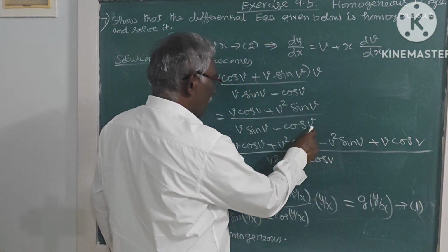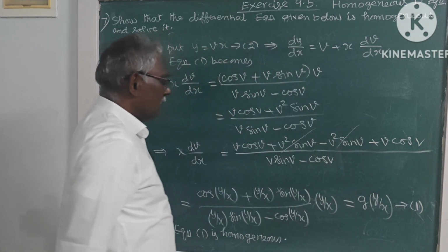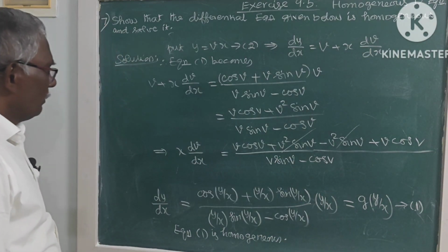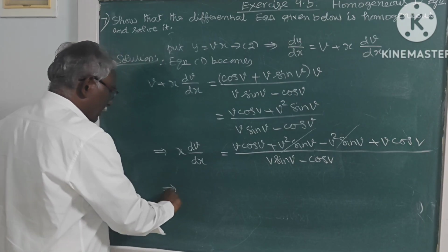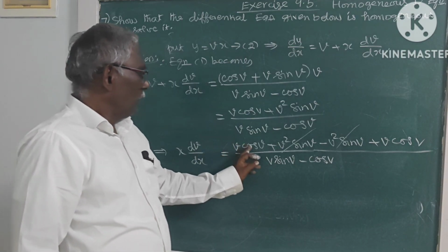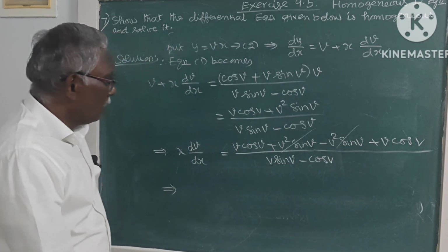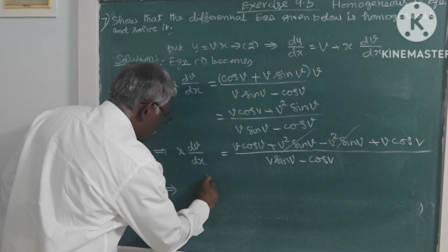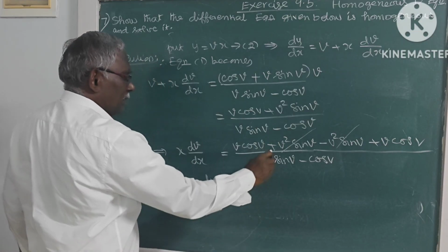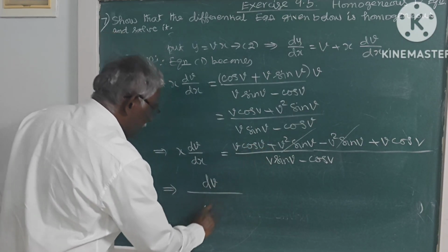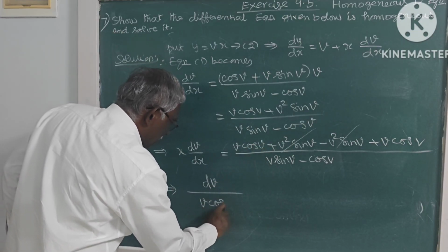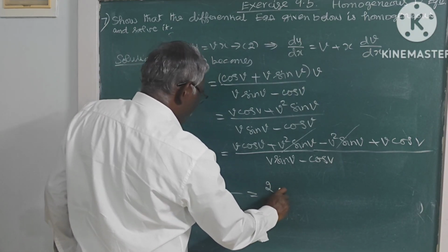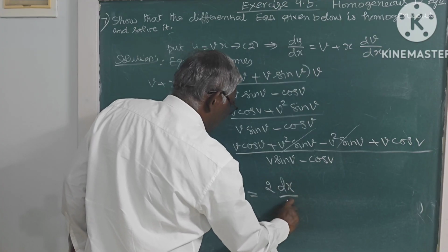So v square sin v minus v square sin v get cancelled. V cos v becomes 2v cos v. This becomes now 2 cos v. So dv by this comes v cos v equals 2 dx by x.